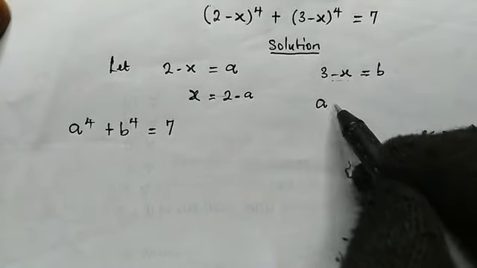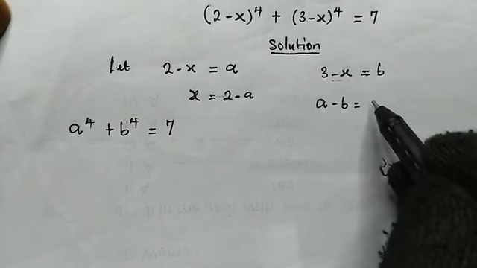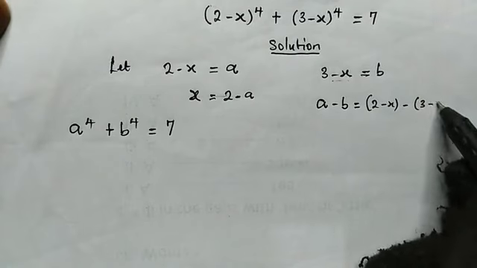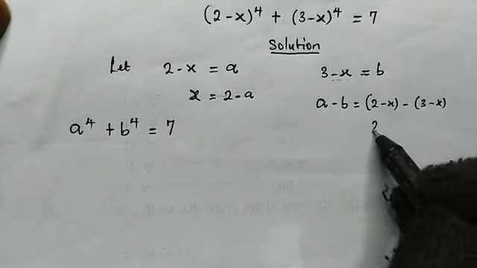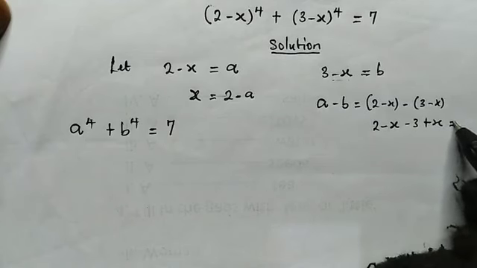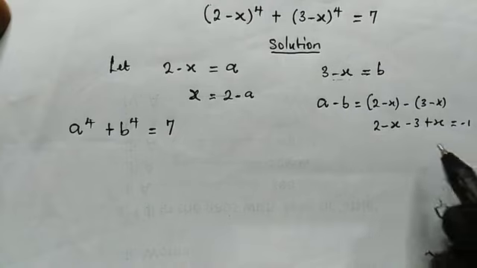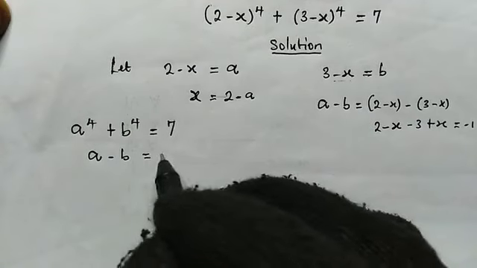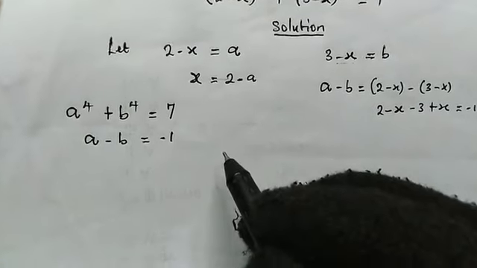That is a minus b. This will be equal to 2 minus x minus (3 minus x). So this will be equal to 2 minus x minus 3 plus x, and that is equal to negative 1. So here we have that a minus b is equal to negative 1.